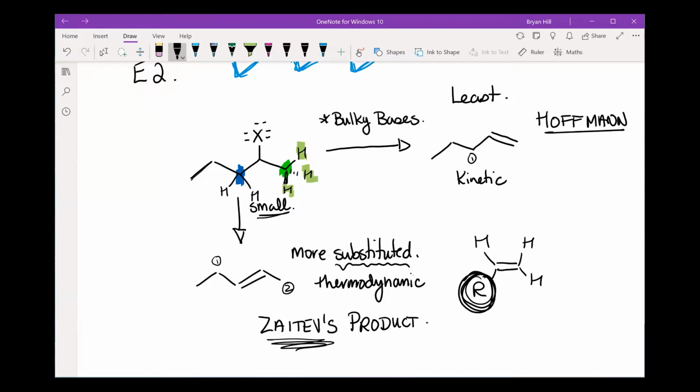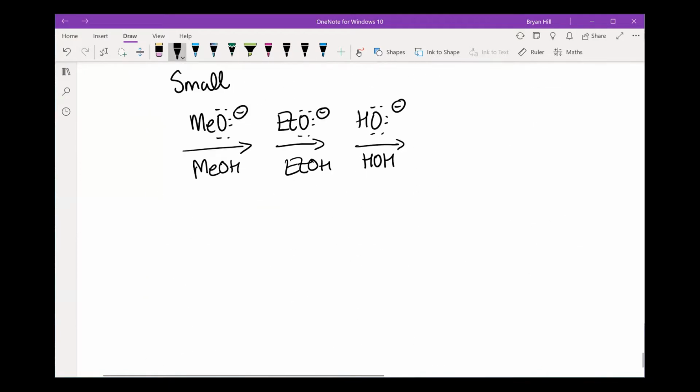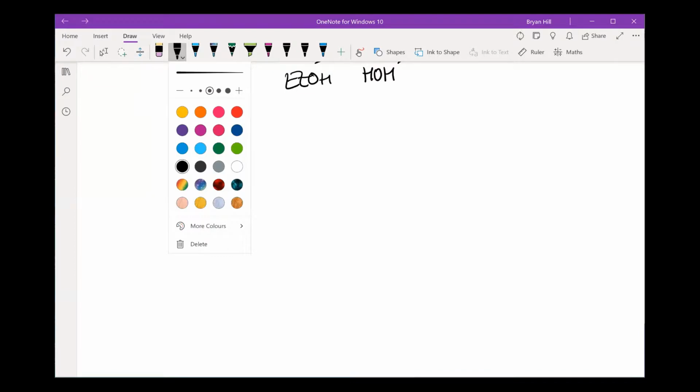So that's why bulky bases grab one of the protons on the edge. And this thing would have to spin. So let's draw a Newman projection.